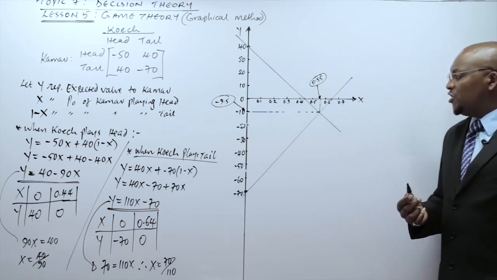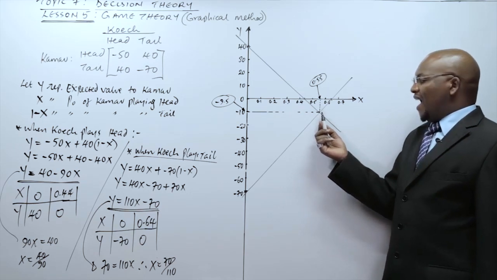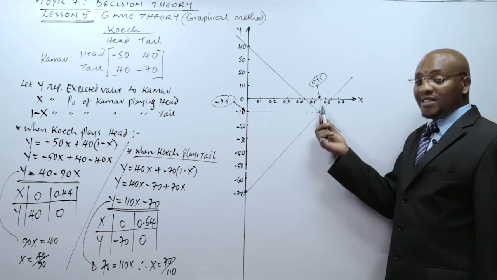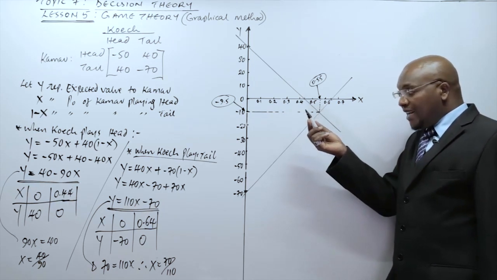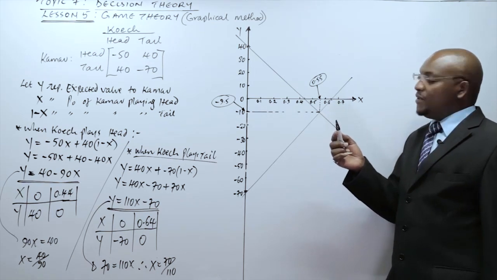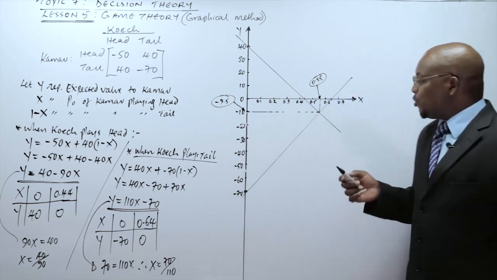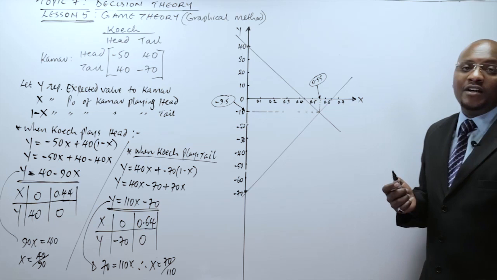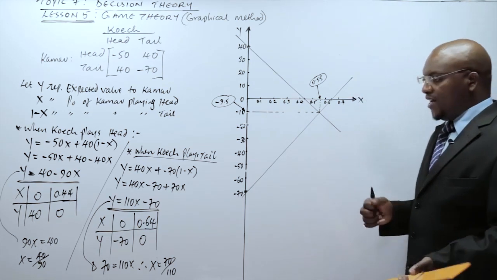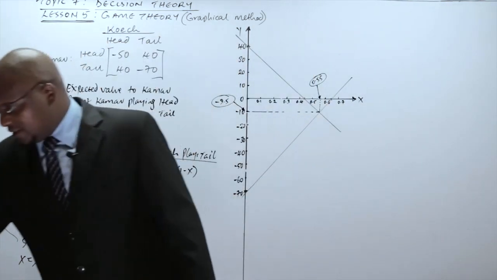So graphically, we can show that the two lines cross each other at 0.55 on the x-axis, and minus 9.5, approximately 10, on the y-axis. That means Kamau is going to lose 9.5 shillings to Koech, and he's going to play 0.55 of the times. That is head and not the tail. That is all about the graphical methods.